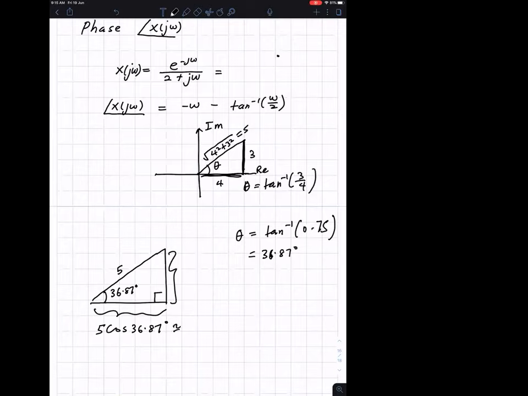So that's approximately 4, isn't it? Yes. So now you find this, 5 sine 36.87 degrees. 3.0000. So approximately 3.